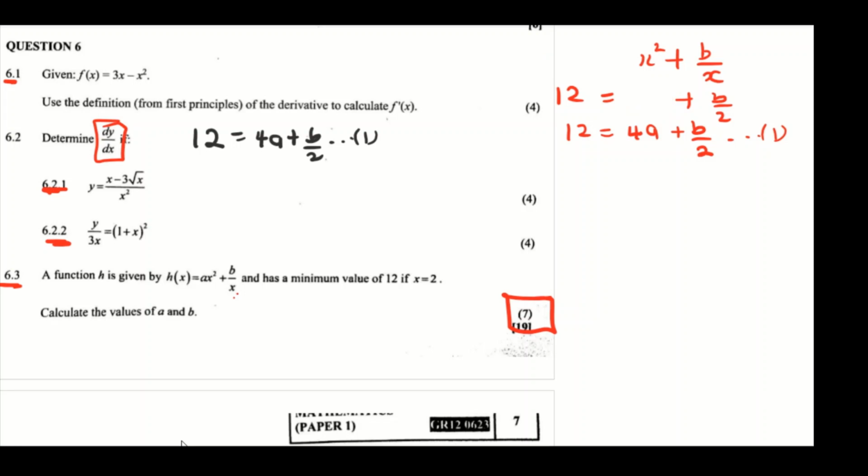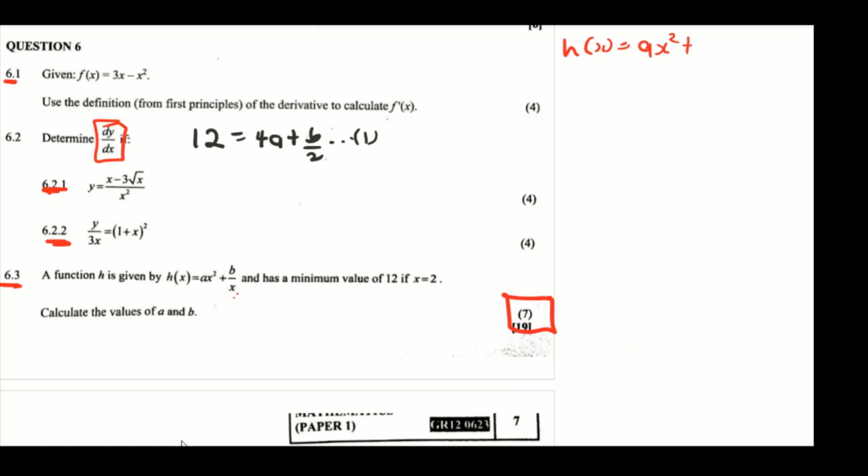Please note that down. Now let's find the second equation. So they're talking of minimum. You know, when you say minimum, maximum, or a rate, whatever it is, you derive, right? Let's derive. We have h of x is equal to ax squared plus b over x, right? So let's first rewrite this to be able to derive. So it's h of x is equal to ax squared plus b times x to the power of minus 1.